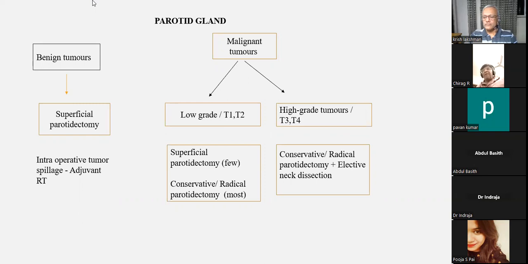I think the other thing that you can tell is, especially in patients who have redo surgeries, the anatomy may not be that obvious. You can use the facility, if you have, of a nerve stimulator, to identify the facial nerve.